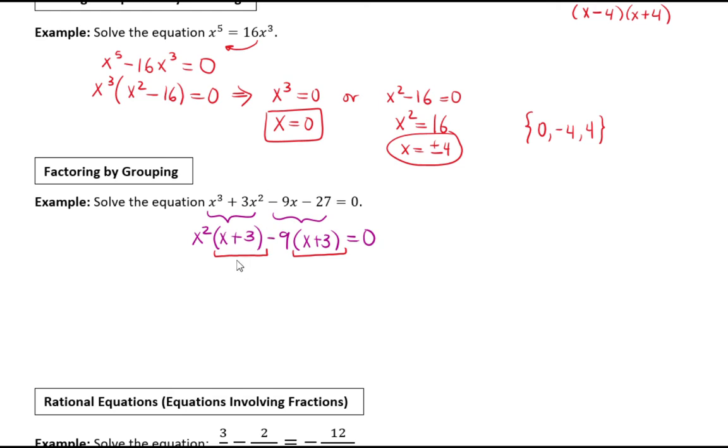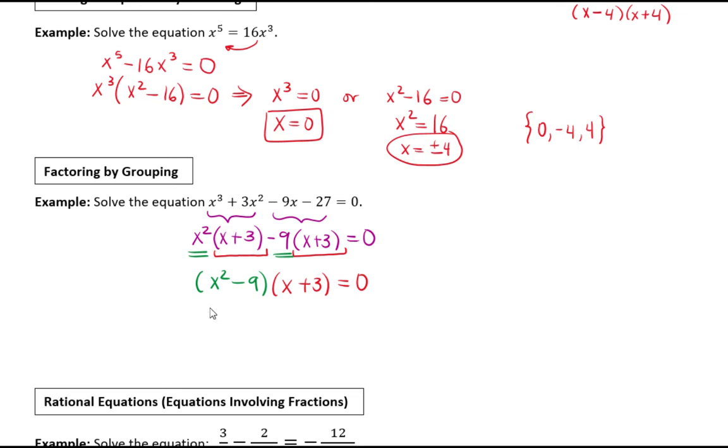Think about these as the red ones that I'm factoring out from the right side. What I'm left with is just x squared and minus 9. So I got x squared minus 9 multiplied by the red one, which is x plus 3. That's equal to 0.